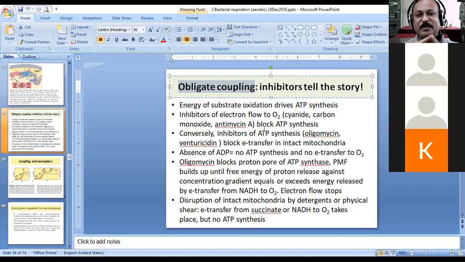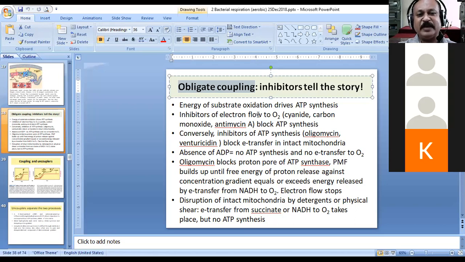If one reaction happens, the other reaction can happen, and if one reaction cannot happen, the other reaction cannot happen. That is the meaning of obligate coupling, right? And this particular concept has been proved by the use of inhibitors. So we'll see how that takes place.